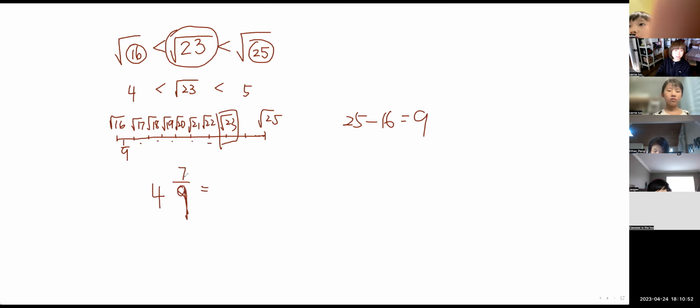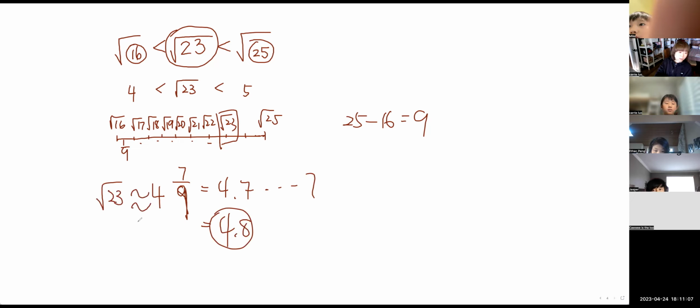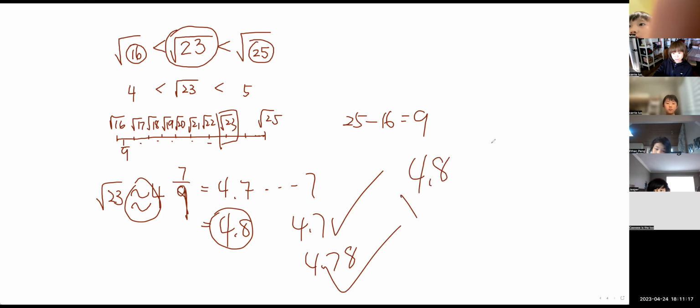And remember, everybody, we have learned any number divided by 9, right? So it's 4.777, a lot of 7s. But we just take one decimal, so 4.8 is roughly square root 23. So if you give me 4.7, I still give you right. You give me 4.78, I give you right. You give me 4.8, you give me right.